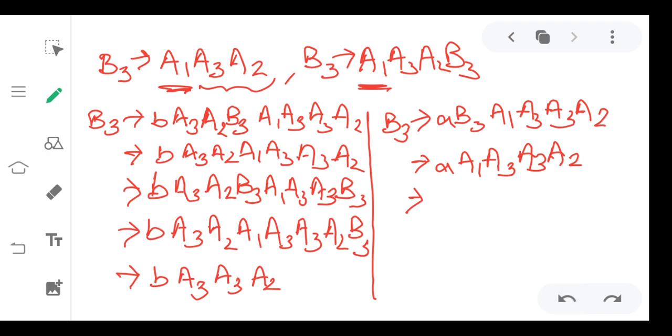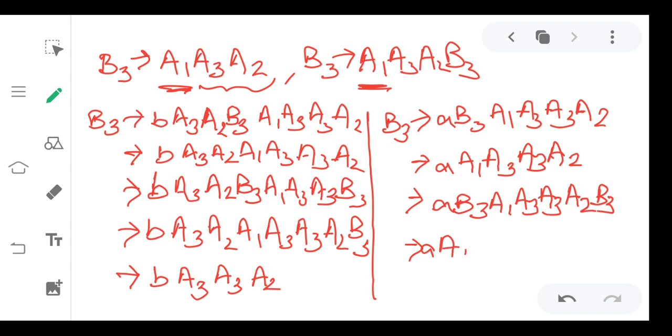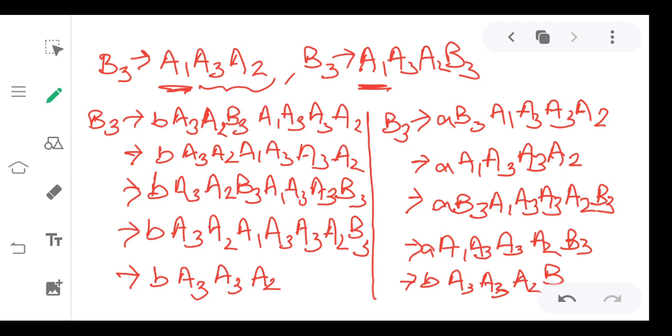This I have written earlier. A1, A3, A3, A2, B3, then B, A3, A2, A3, A3, A2, B3. That's all.